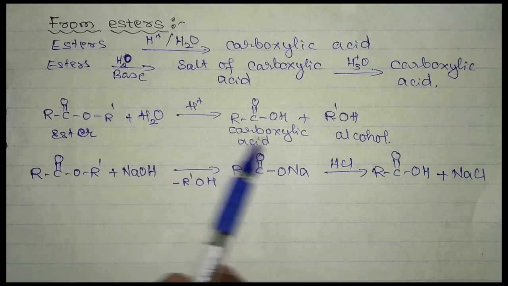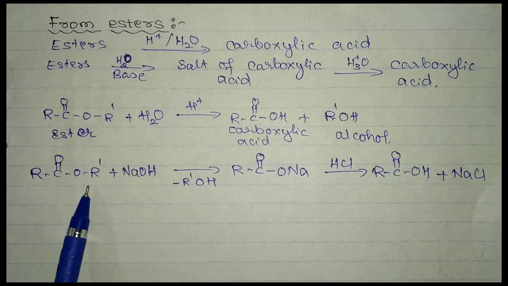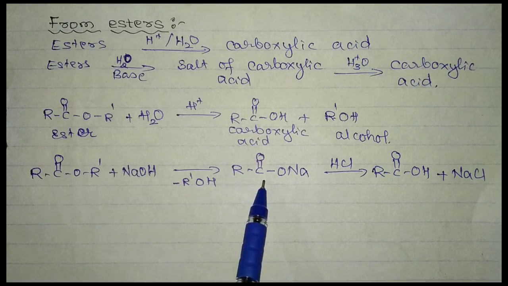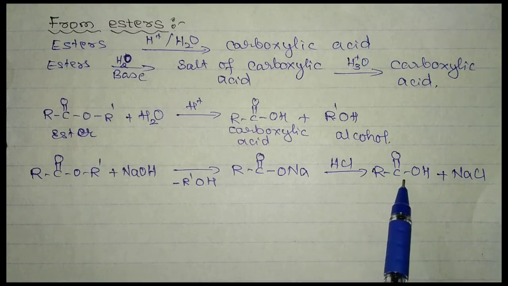In the presence of acid, carboxylic acid is formed directly. In the presence of base, first you get the salt of carboxylic acid, which on acidification gives carboxylic acid. Now we'll see the examples.